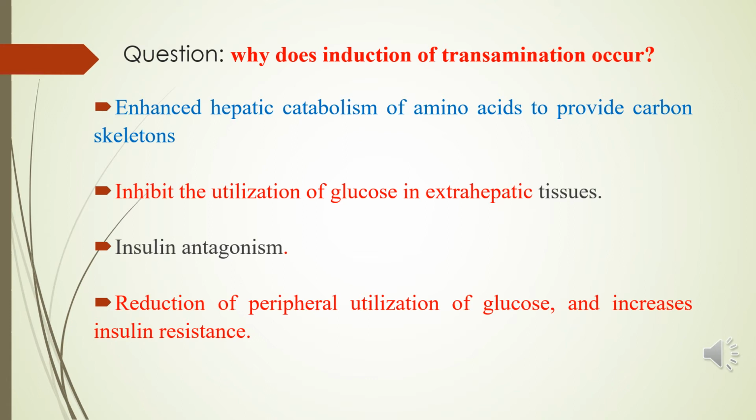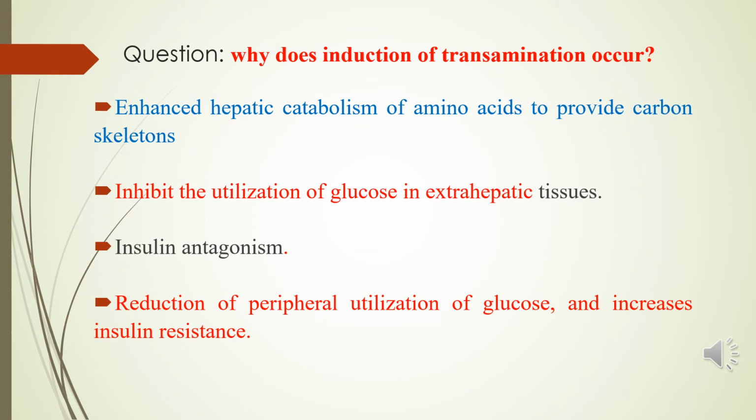And in addition, glucocorticoids inhibit the utilization of glucose in extrahepatic tissues, so they may participate in the production of hyperglycemic states and may even lead to the development of diabetes mellitus.